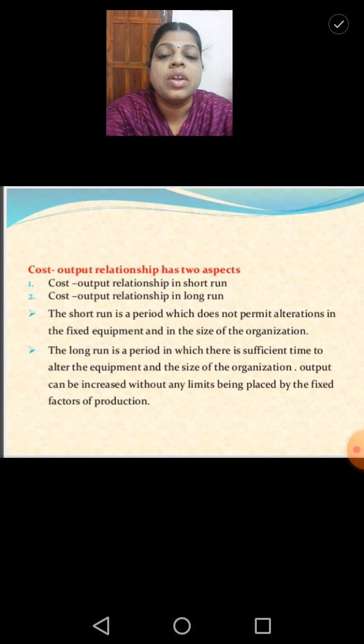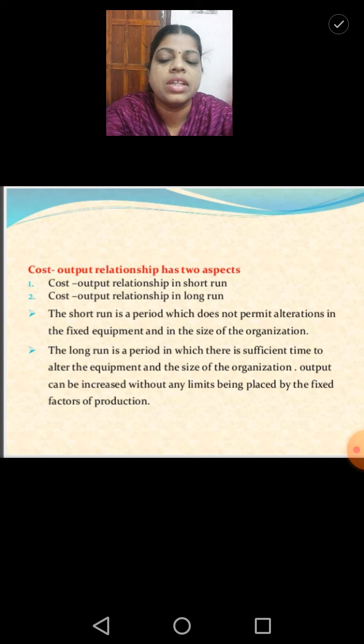Whereas the long run is a period in which there is sufficient time to alter the equipment and the size of the organization, and the output can be increased without any limits being placed by the fixed factors of production. So children, in the long run we get enough time to alter all the factors of production.